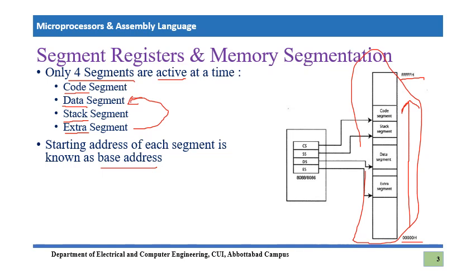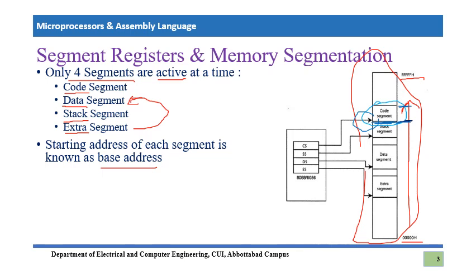For example, that is the code segment. This is the lowest part of the code segment, and this one is the maximum part of the code segment. Here we are interested in the lowest part, and the lowest address is being pointed to by this arrow.